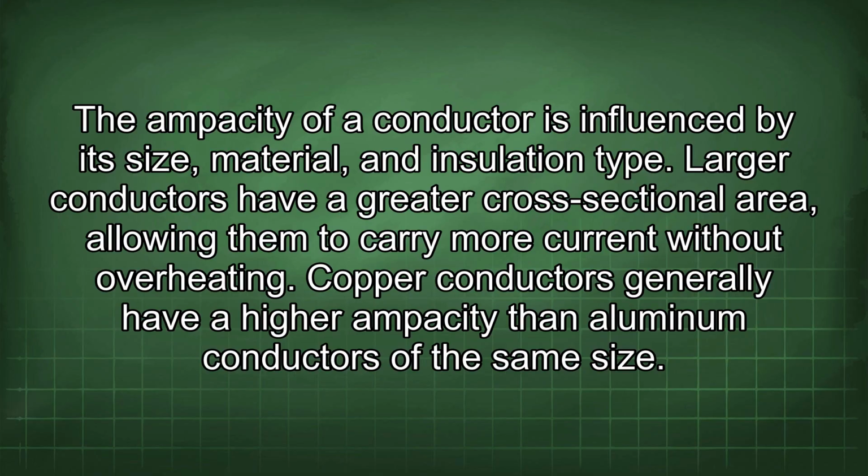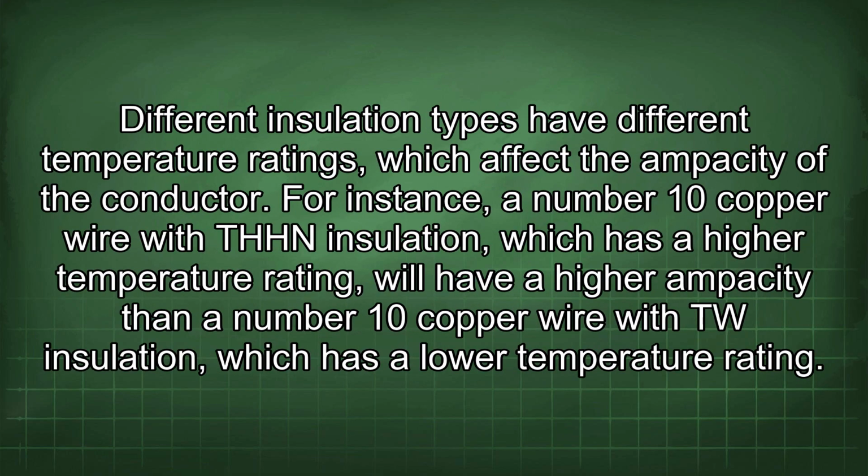Copper conductors generally have a higher ampacity than aluminum conductors of the same size. Different insulation types have different temperature ratings, which affect the ampacity of the conductor. For instance, a number 10 copper wire with THHN insulation, which has a higher temperature rating, will have a higher ampacity than a number 10 copper wire with TW insulation, which has a lower temperature rating.